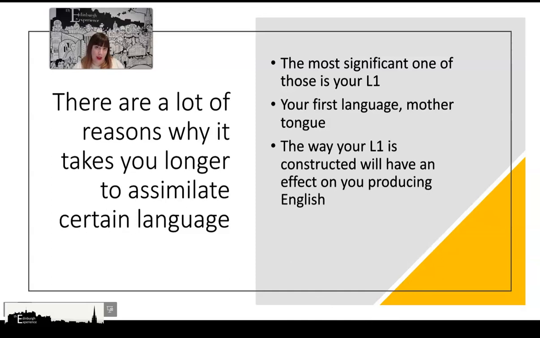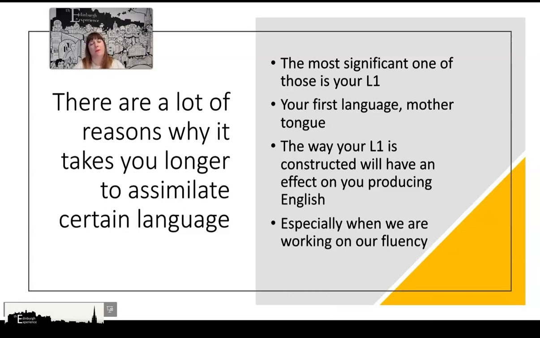And the way that your L1 is constructed will of course have quite a big effect on how you are producing English, especially if we're working on our fluency, yeah? Because when we're speaking quickly, that's when we tend to sacrifice our accuracy.